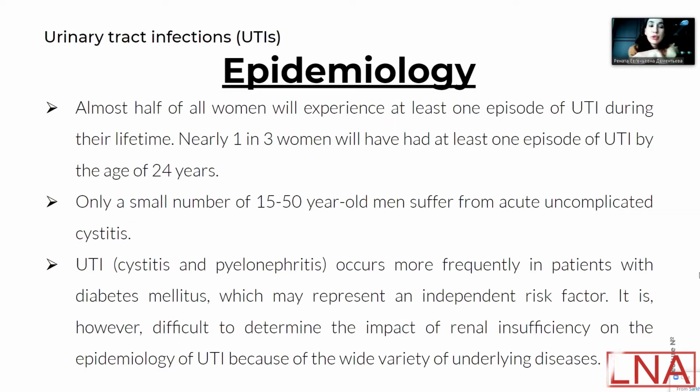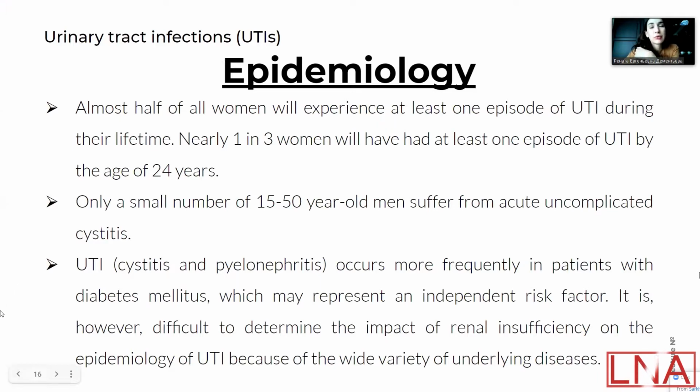About epidemiology, almost half of all women will experience at least one episode of urinary tract infection during their life. Nearly 1 in 3 women will have had at least one episode of urinary tract infection by the age of 24 years. Only small numbers of men between 15 and 50 years old suffer from acute uncomplicated cystitis.